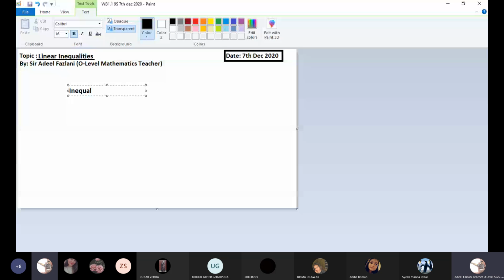So you have inequality. How many signs do we have? Anyone? Sir, we say greater than or equal to, less than or equal to, not equal to.